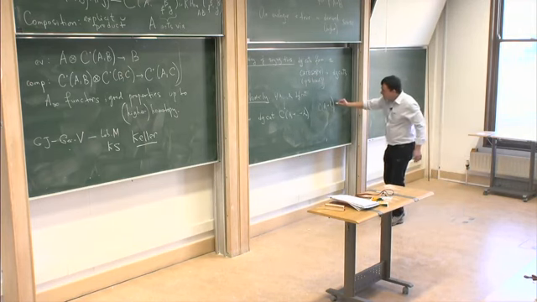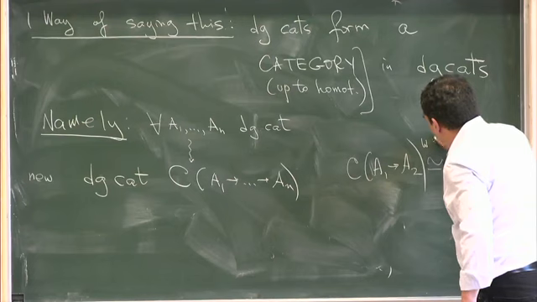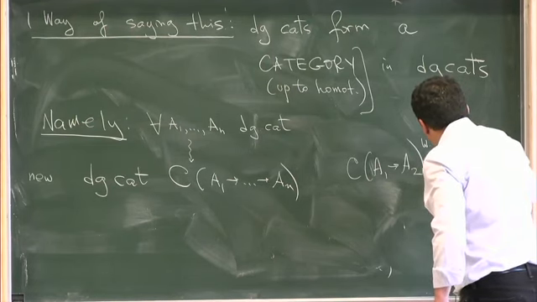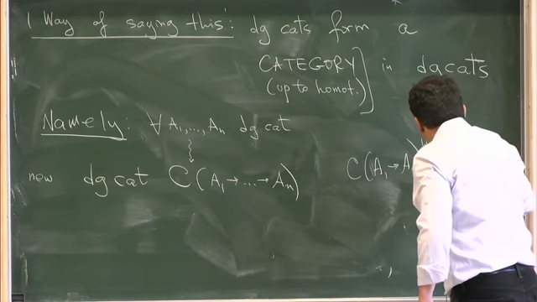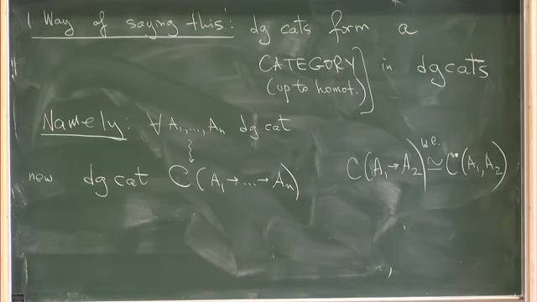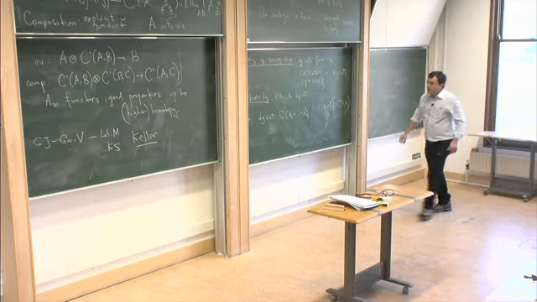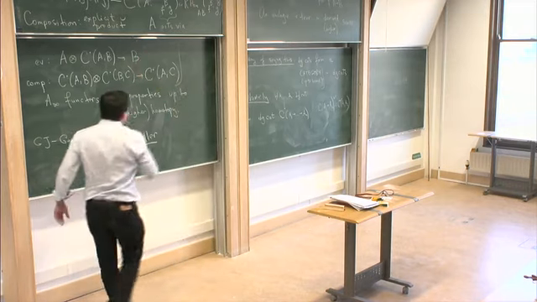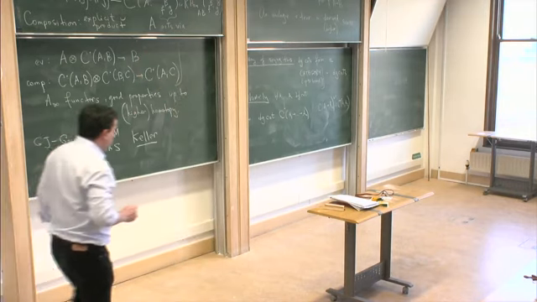So, for example, this, I am not saying that it will be equal to, but it will be quasi-isomorphic to this category that I had above.